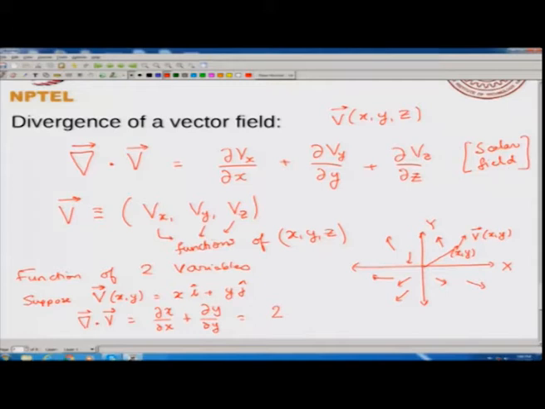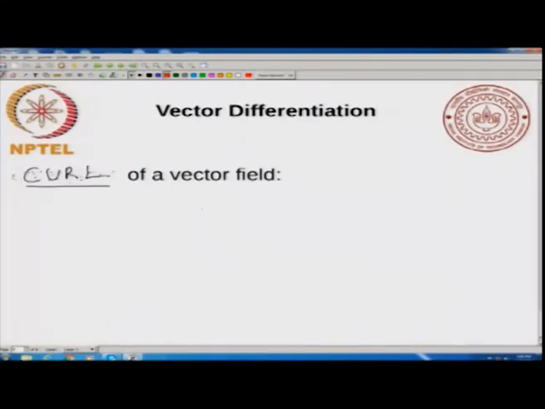Okay. Now the other kind of derivative you can think of is, suppose I had a vector field and I take a derivative and get a vector. This is referred to as the curl of the vector field. So the curl of a vector field V is denoted by nabla cross V. And this is a vector field.